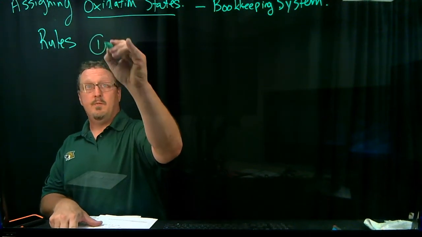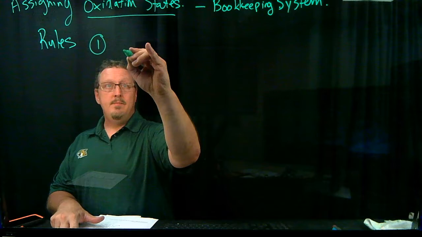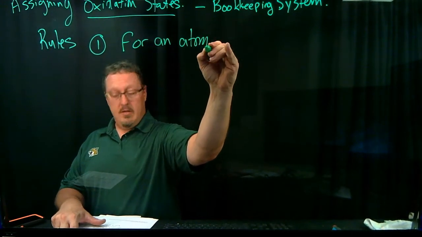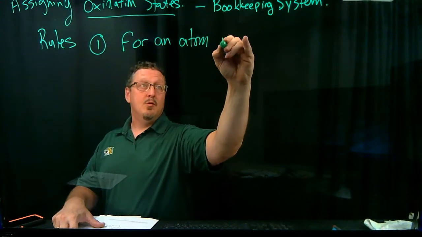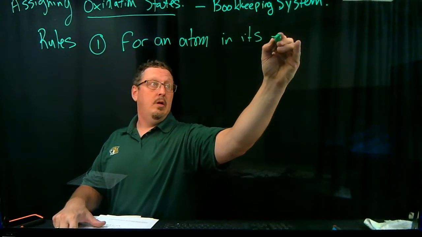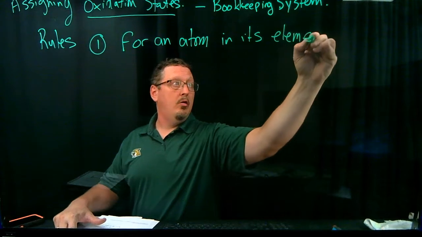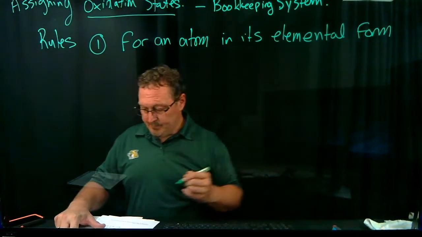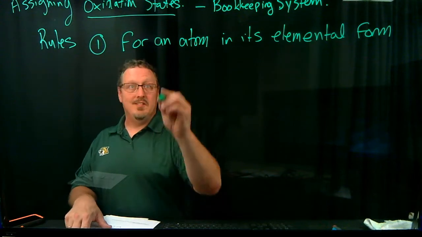So the first rule, number one, for an atom in its elemental form, its oxidation number is 0.